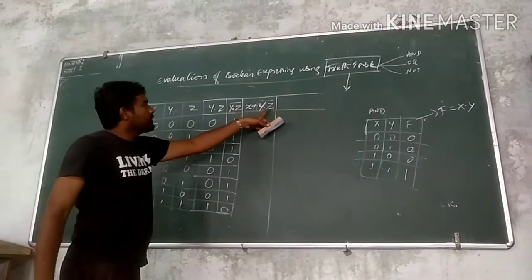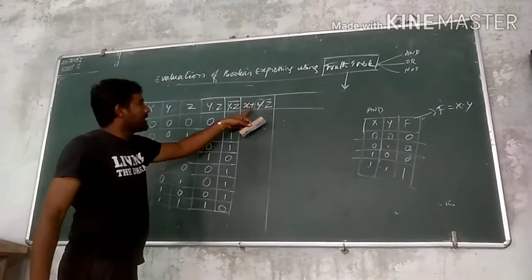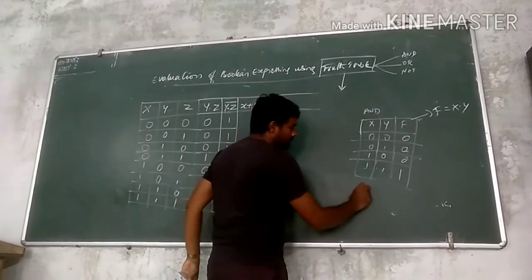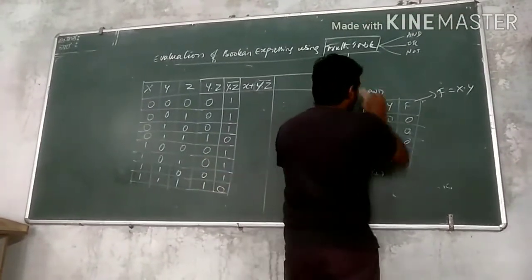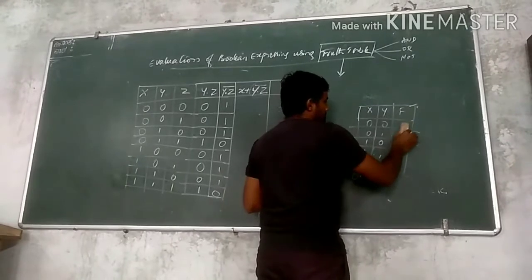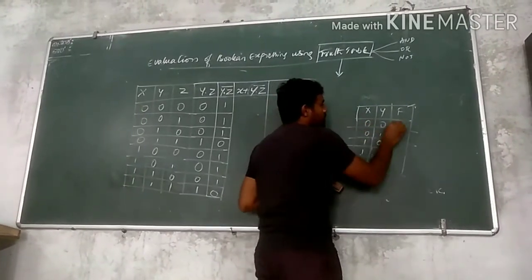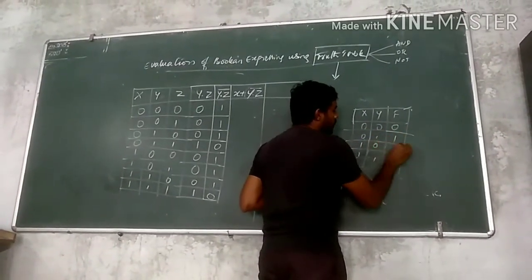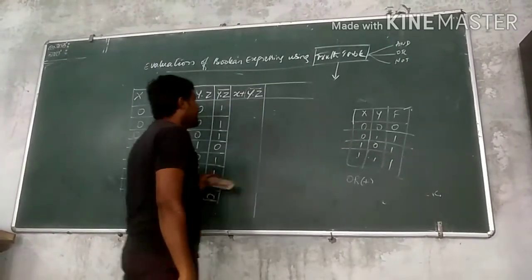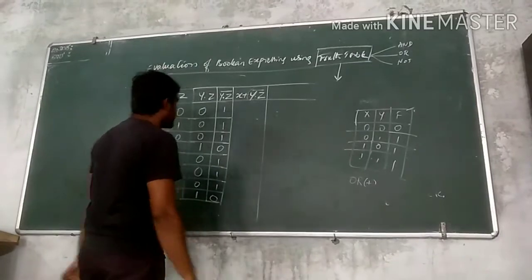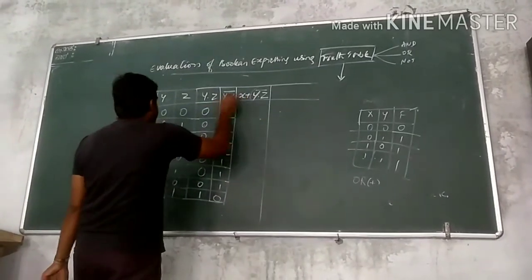The whole term of this value plus this value, plus in the sense OR operation. OR operation means 0 plus 0 is 0, 1 plus 0 is 1, 1 plus 0 is 1, 1 plus 1 is 1. So the addition operation should be done over here.